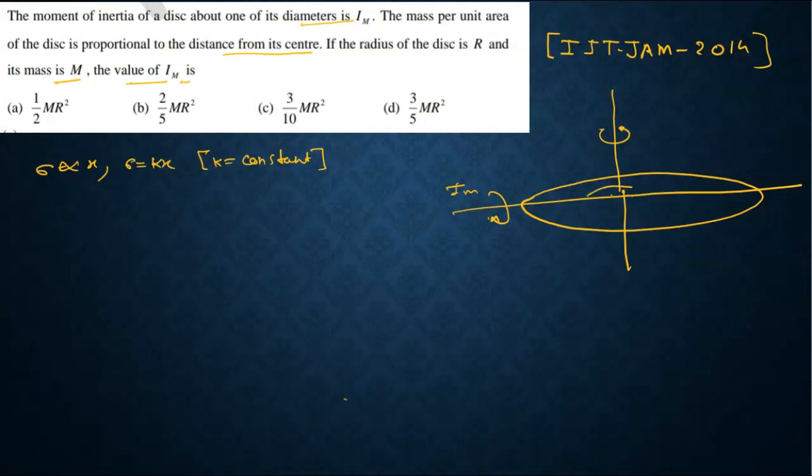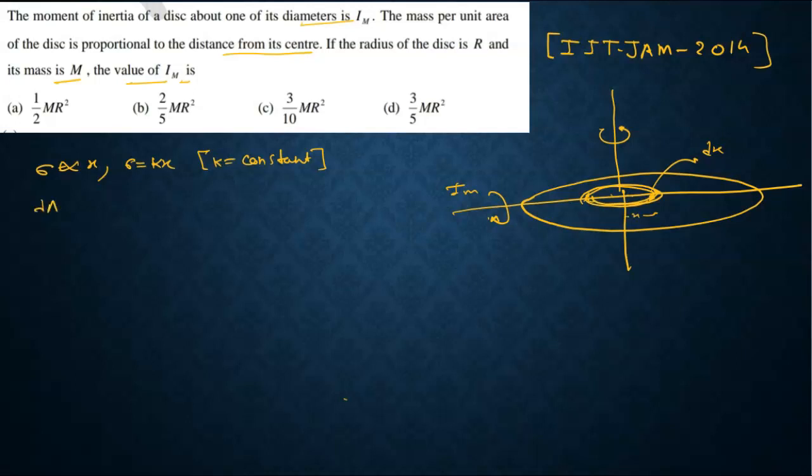So we can take an elementary ring and integrate from 0 to r, so that we can find the moment of inertia about the center and perpendicular to the plane. The thickness of the ring is dx and it is x distance apart.